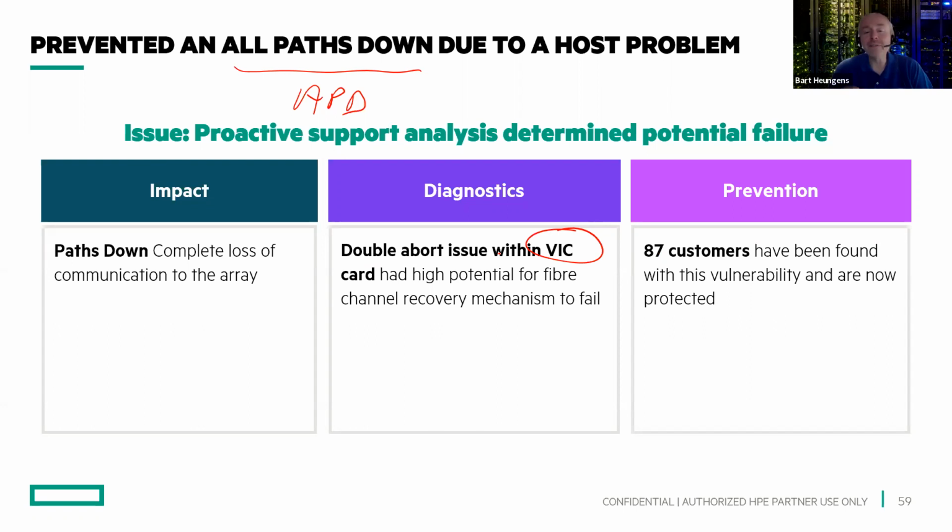There were 87 Nimble customers running those C-series servers, and so Infosight sent an alert to those 87 customers saying, guys, watch out with that VIC card in your C server because we have known issues. We have seen issues elsewhere, and the problem is not us. The problem is their firmware, so please update it because otherwise you can have an APD and all paths down. And then you're going to blame the storage because we cannot access the storage anymore. But the problem is not the storage, the problem is the network.